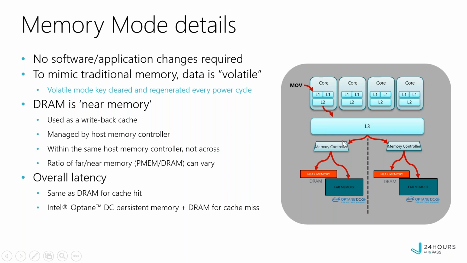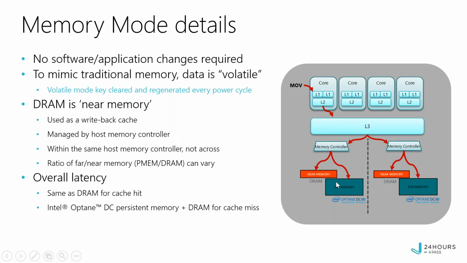And the whole memory usage is done by the memory controller on the CPU. So that's why we are tied to a hardware version. We need the latest Xeon 2nd generation in order to use that, because we have the memory controller ready to understand this near and far memory.